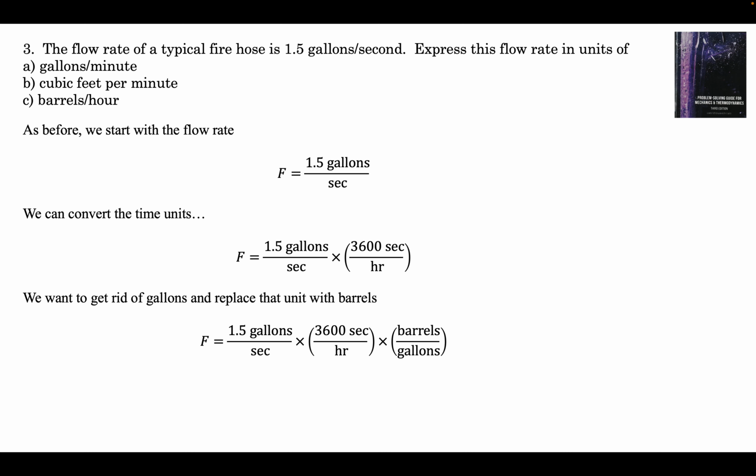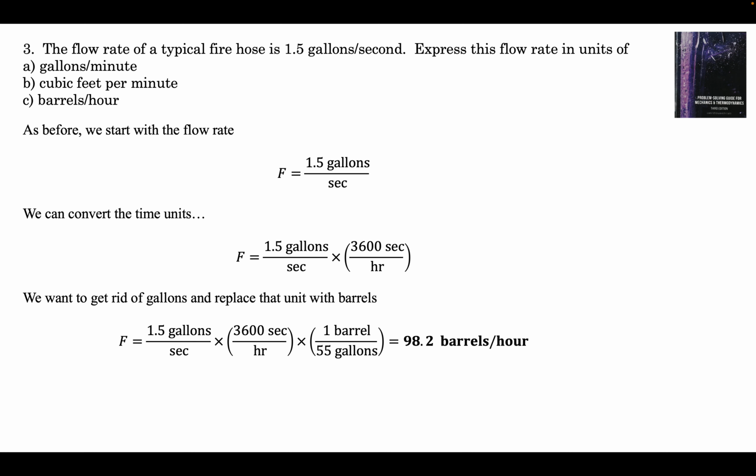We put the barrels in the top, and we have to know how many gallons there are in a barrel. There's 55 gallons in a barrel. You don't have to memorize that. You can always look it up. And now we have barrels per hour, which is what we want. So we start calculating: 98.2 barrels per hour. That's problem 3 on the unit conversion worksheet.